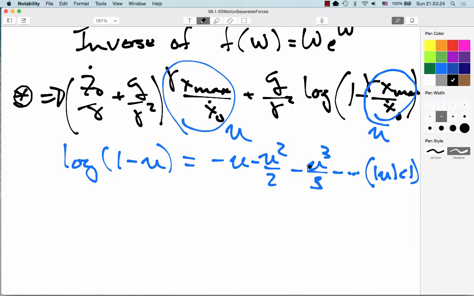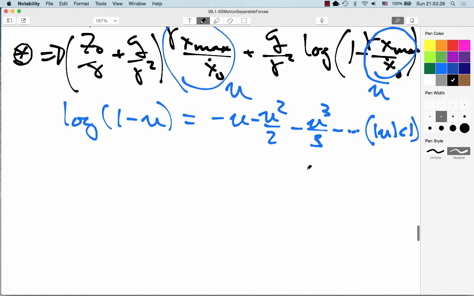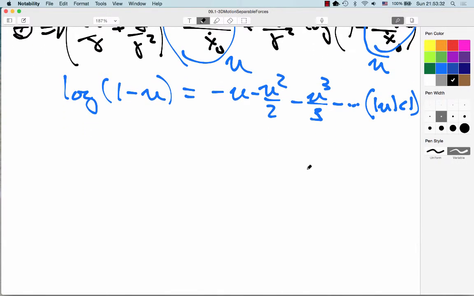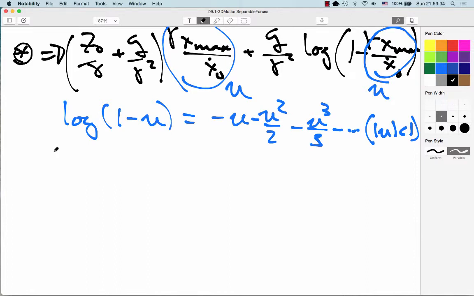In this case, we know it is. So we can go ahead and put that approximation into here.